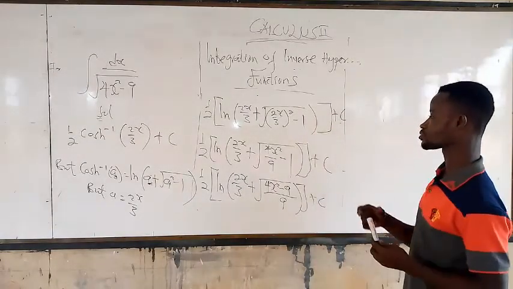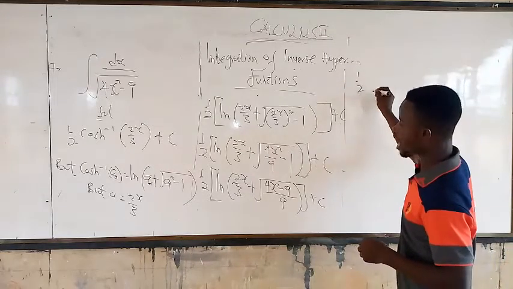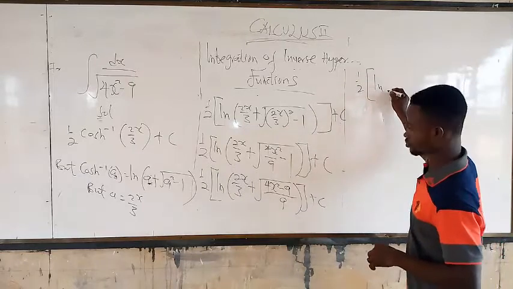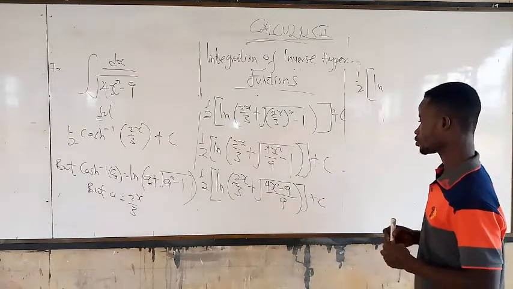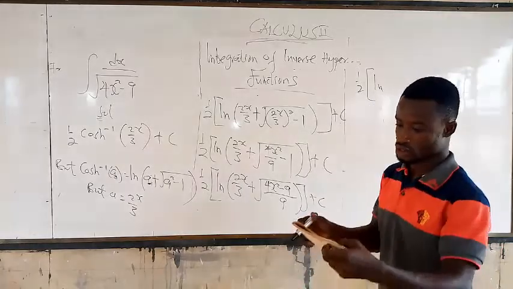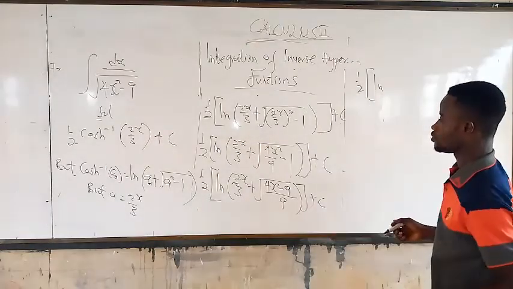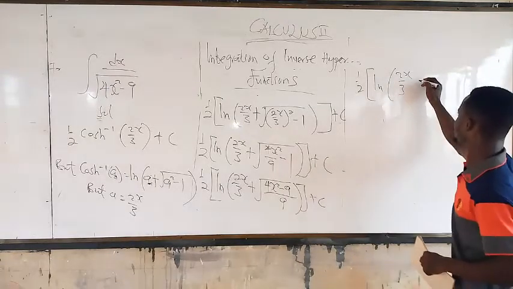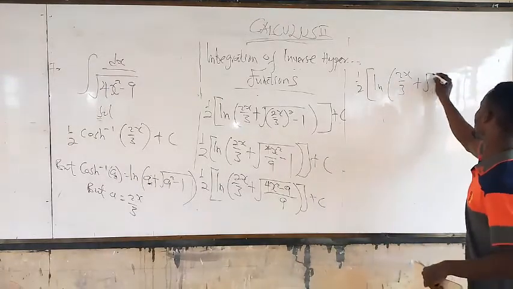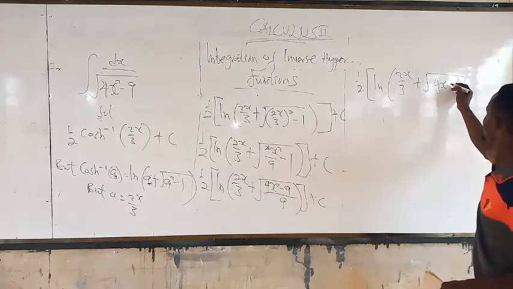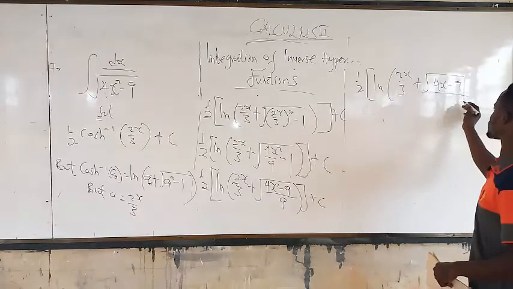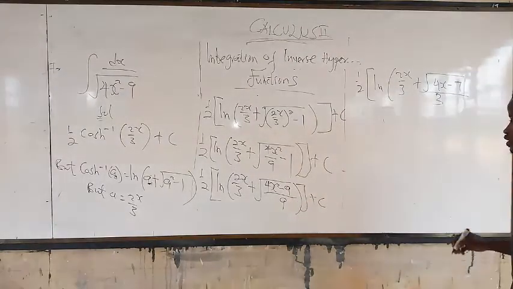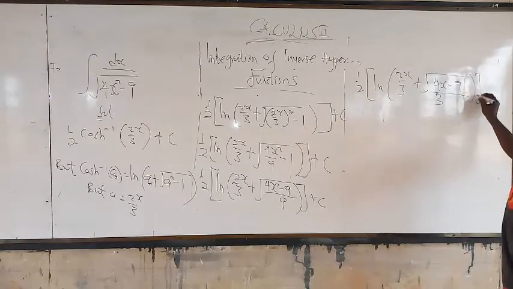So here you now get half ln of 2s over 3 plus square root of 4s squared minus 9, all these over square root of 9, and that is 3, plus c.